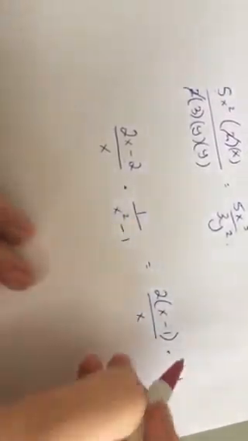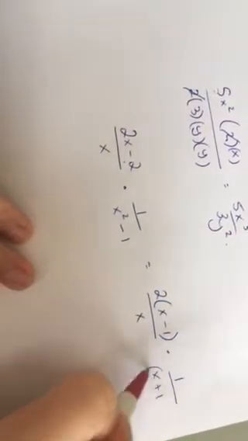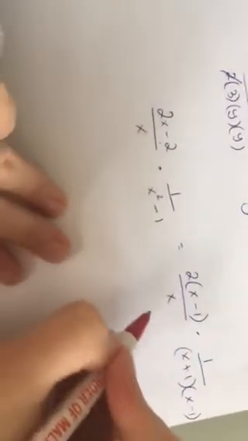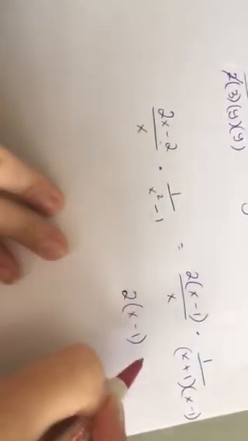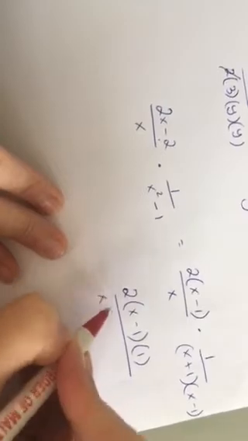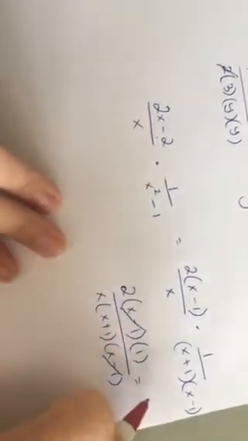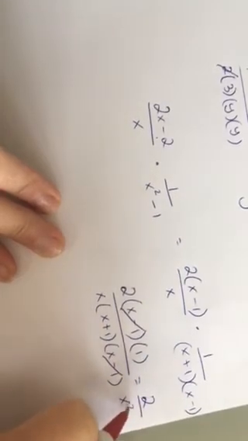How do you simplify it? I need to factorize. So can I factorize this? Yeah, 2 times x minus 1 all over x. And can I factorize this? Yeah, that's the difference of 2 squares, x plus 1 times x minus 1. Remember, we're going top by top, bottom by bottom. Simplify, and you end up with 2 all over x squared plus x.